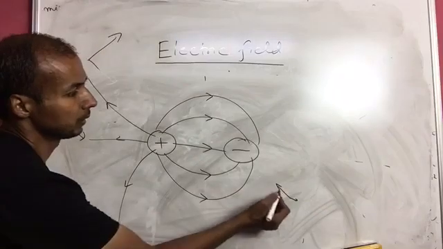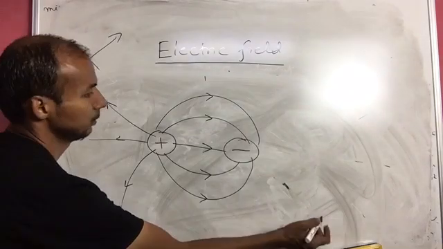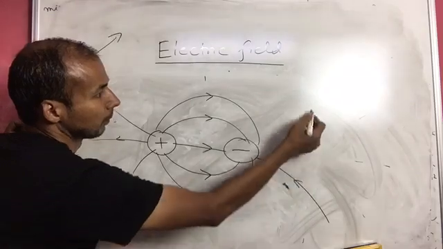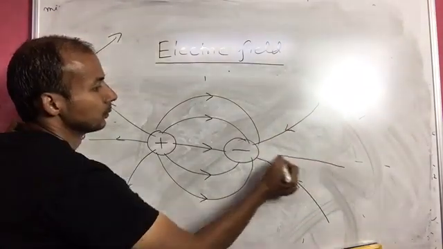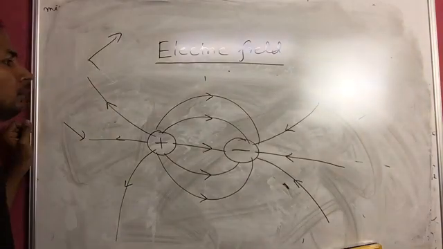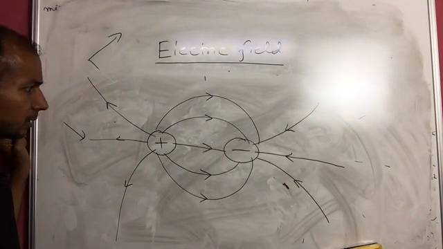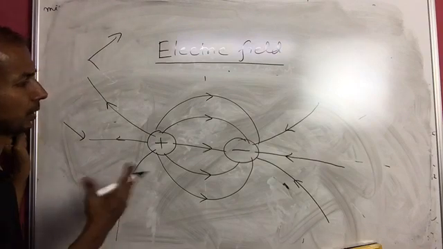So the direction here will become somewhat like this, the resultant of these two. Okay, fine. So this is the direction of electric field when two charges are present.